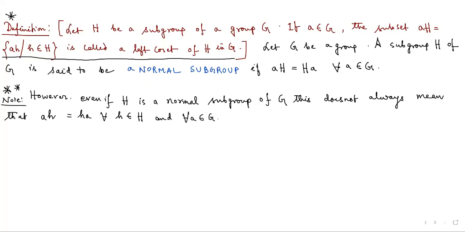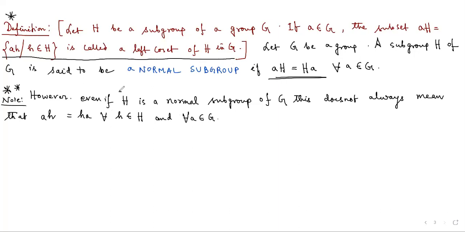For this I gave you a particular problem, which I wrote in the WhatsApp group. Now I'm going to discuss the problem. Carefully observe the definition and the corresponding note. Whenever this happens, I can easily say that capital H is a normal subgroup.